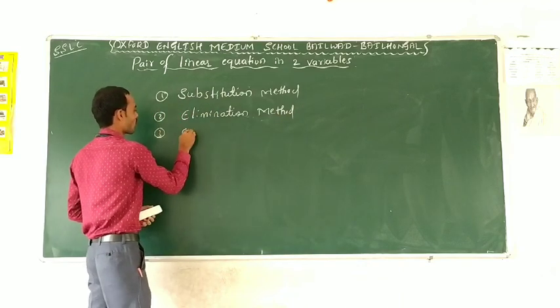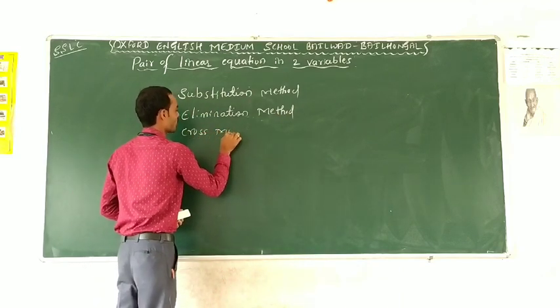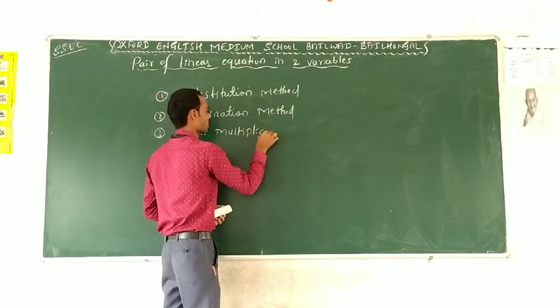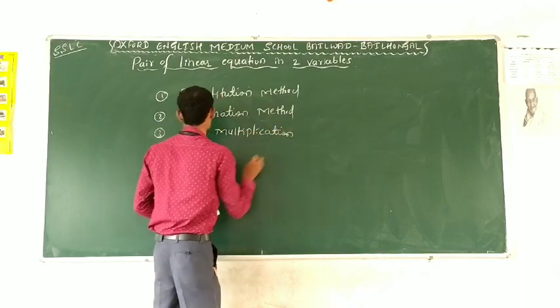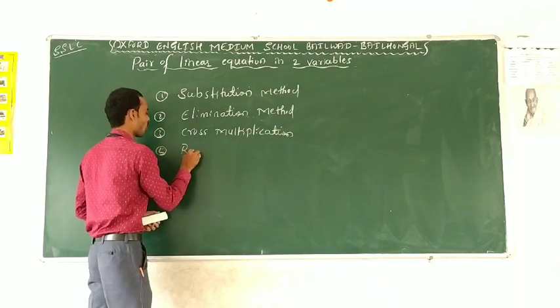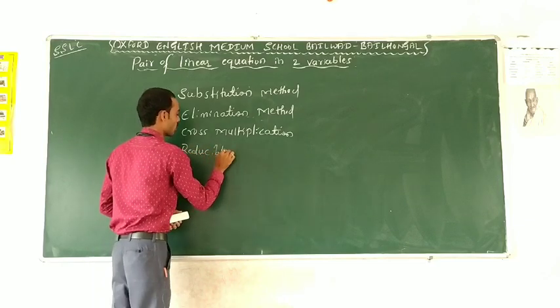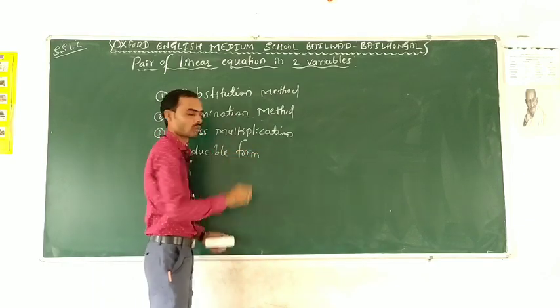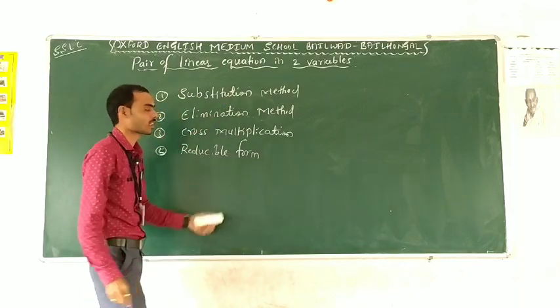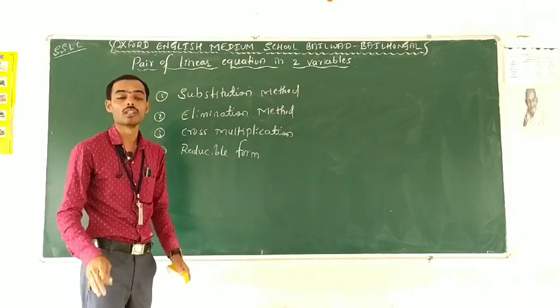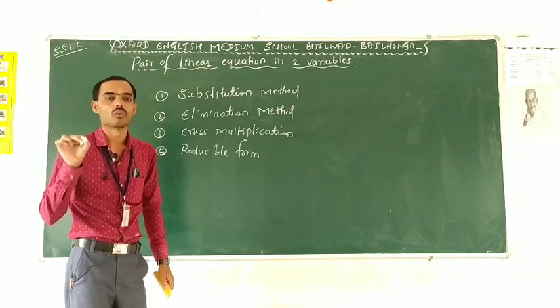Third one is the cross multiplication method. And the last one is the reducible form. Ultimately, in these four methods we have to find the value of x and y.